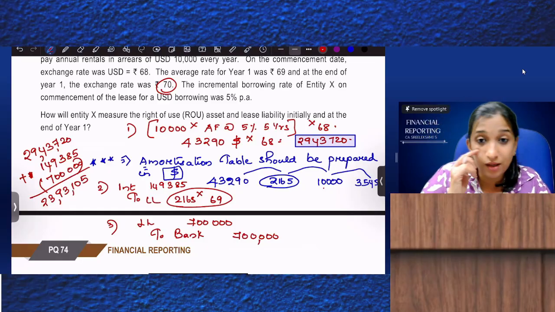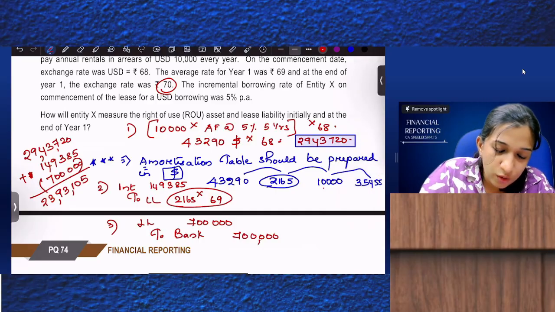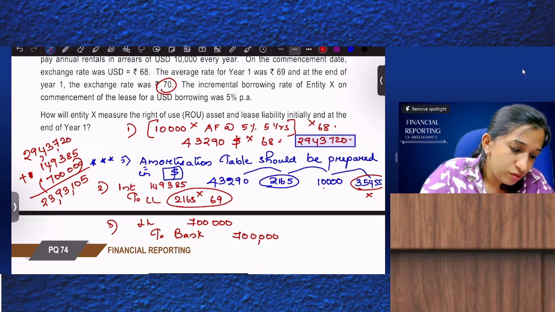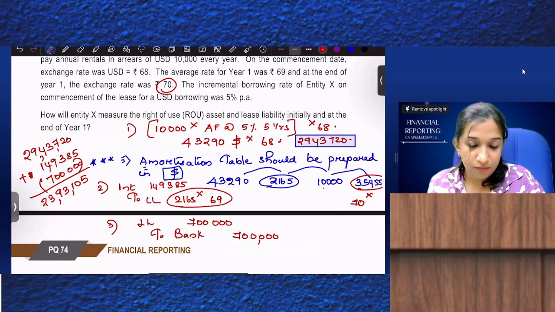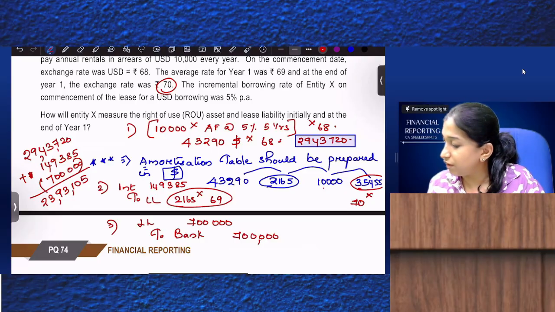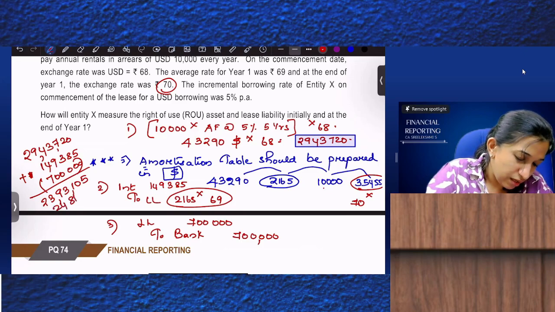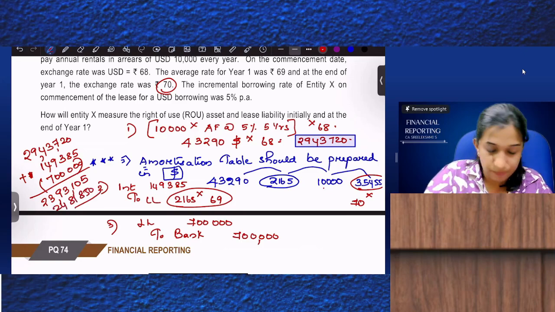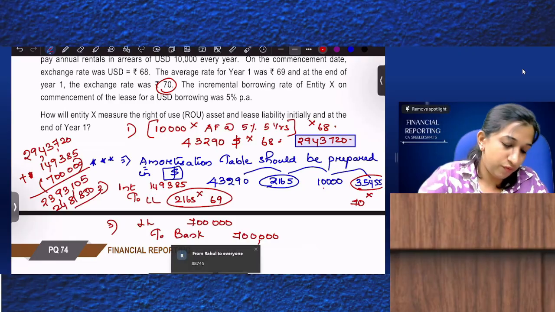What is the required closing liability? Required closing liability is 35,455 into 70, which is 24 lakh 81 thousand 850. The difference is 88,745.